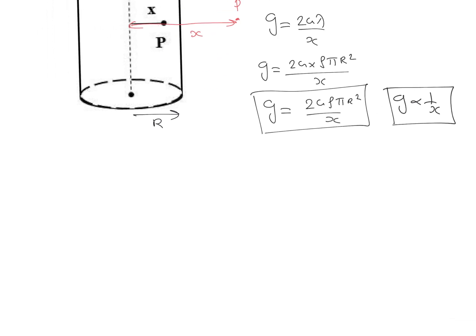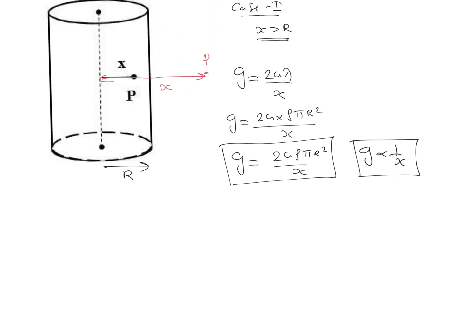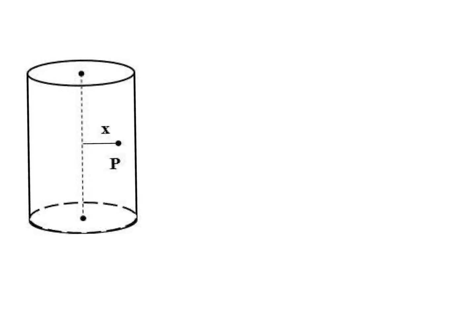Now we can consider the second situation when it is on the surface. If you are considering a solid cylinder and want to find out the value of gravitational field on the surface, so the case 2, we can write the value of x is equal to nothing but r.